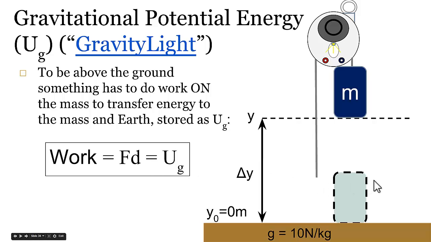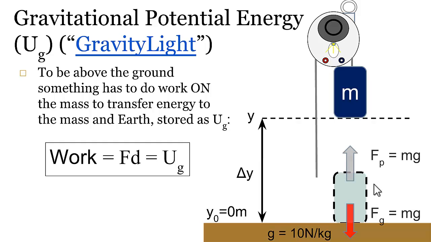So if you need to lift a mass up, every mass has a weight, which is just equal to the mass times the gravitational field strength of the Earth, or mg. You have to lift with at least that much force. If you were to move this thing up at a slow constant velocity, you'd have to use a pushing force or a pulling force equal to the weight, equal to mg.